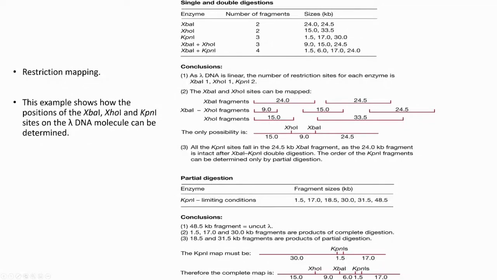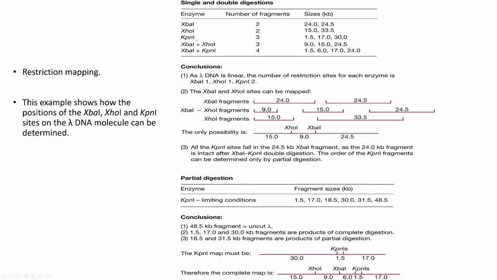Now we need to know which one, 9 or 15, would be on the edge. So we go back to the single digestion here. We see 15 and 33.5. Therefore, we know 15 will be on the left here, all right? Then SphI, then SbaI. So this will be the arrangement for SphI and SbaI.